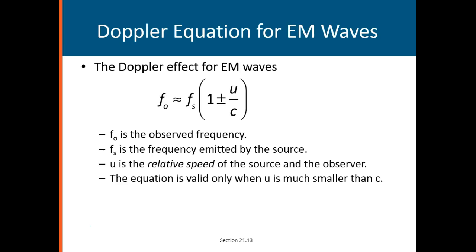You cannot get u close to c. It just doesn't happen. It's only valid when u is much, much smaller than c. And it only changes the frequency, which would change the wavelength, but doesn't change the speed at all.